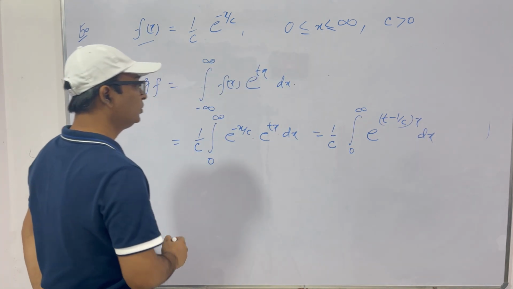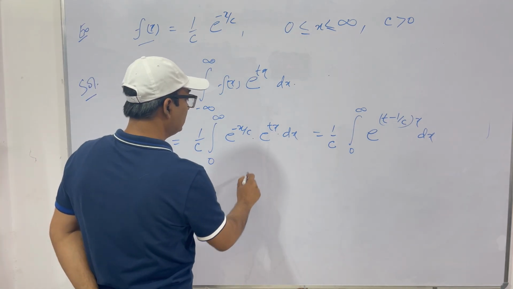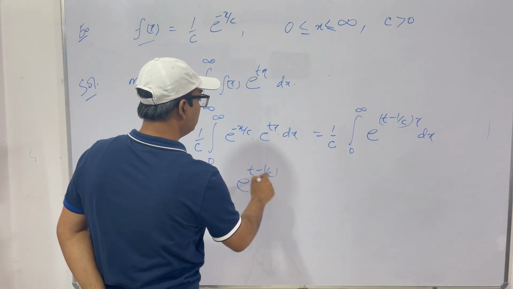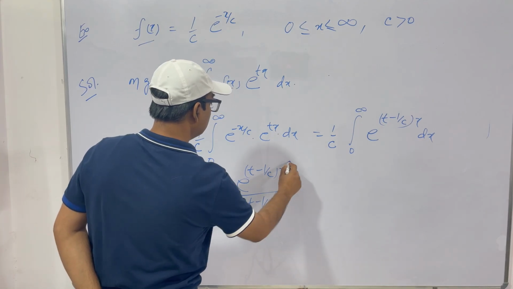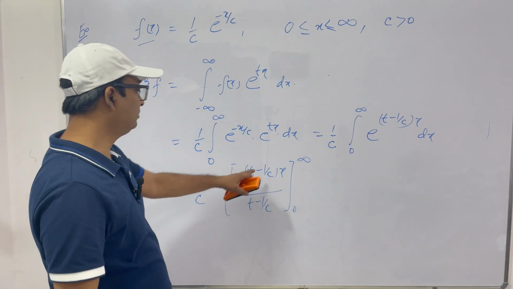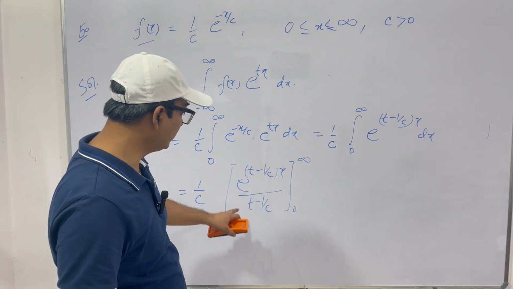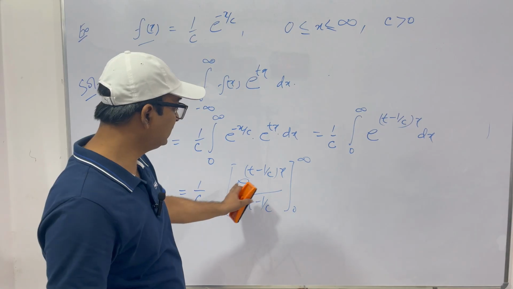You know very well how to integrate this. This is 1 by c, e to the power t minus 1 by c, x, divided by t minus 1 by c, from 0 to infinity. For the infinity part we take 1 by e to the power infinity, that is 0, and for the 0 part we take 1.